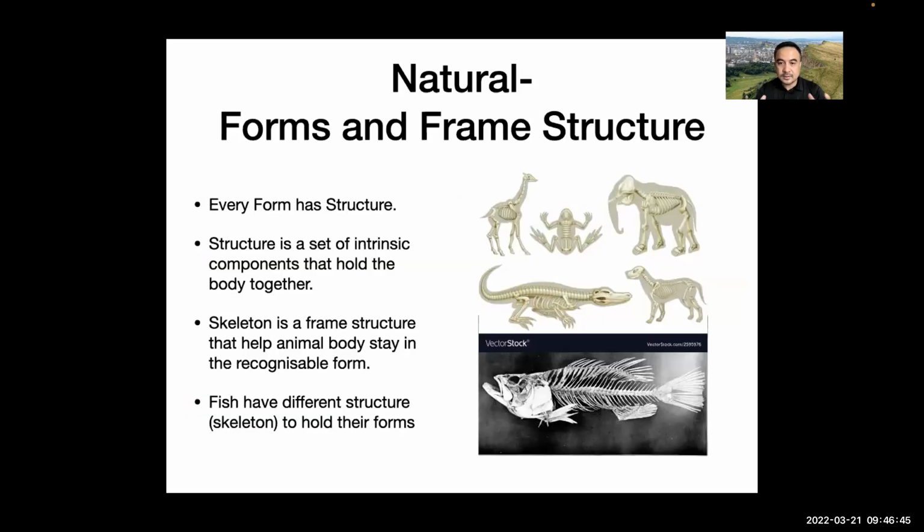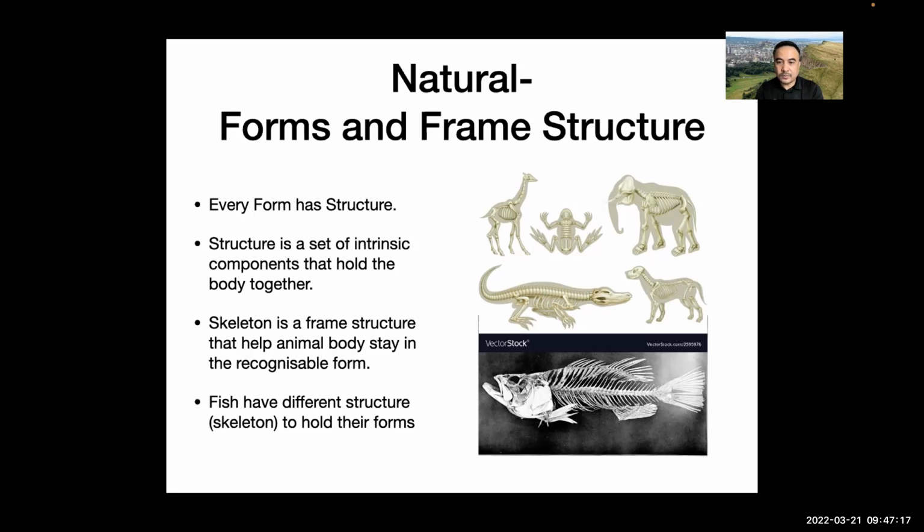Structure is a system of how each component holds together. For example, if you look at the skeleton of the animal, right, every animal has a piece of bone, but the structure is the way these bones were put together and help the animal keep its form.